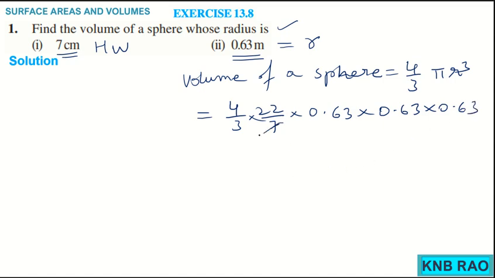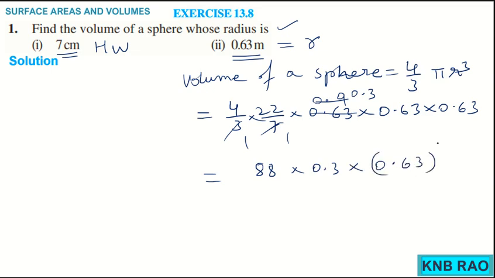You know 7 cancels with this 7, 0.9, and this 3 also cancels with this, 0.3. That means I have 4 22s, means 88, into 0.3 multiplied by 0.63 square. I can write this product of 0.63 by itself as 0.63 square.